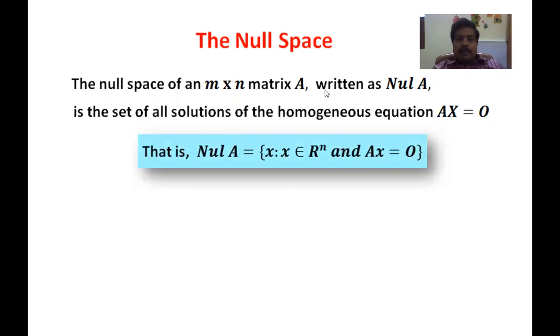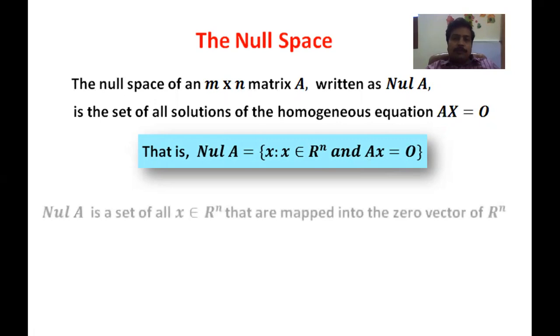In set notation, this can be written as null A is equal to the set of x such that x belongs to Rn and Ax is equal to O. X is a vector in Rn, where n indicates the number of columns of the given matrix, and that vector should satisfy the relation Ax is equal to O. Null A is the set of all x belonging to Rn that are mapped onto the zero vector.